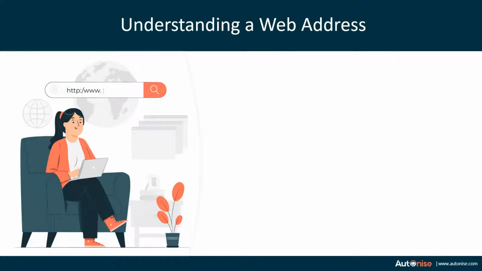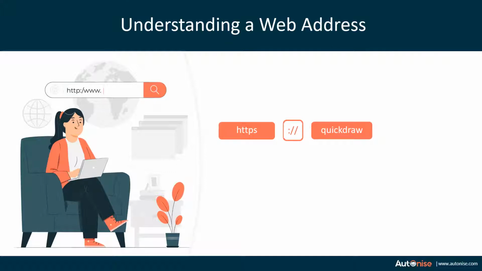Let's understand the individual components of a web address. So first, whenever you type a web address, it begins with HTTP or HTTPS. Next, we have a colon and two forward slashes. This is to separate the first part, the HTTPS, and what comes after it. Next, we have quick draw written over here.